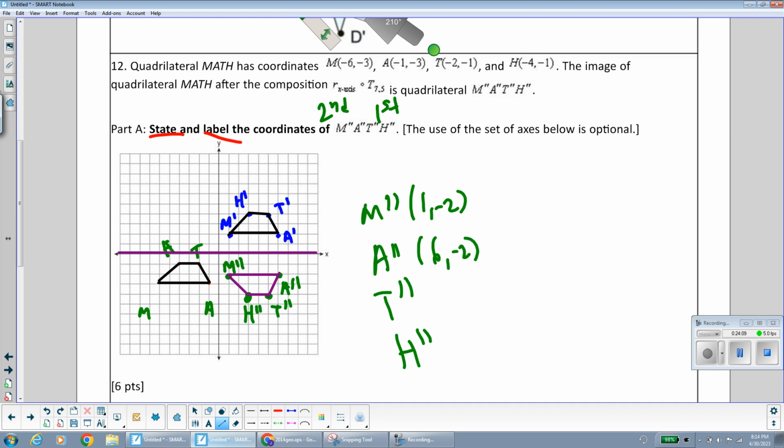T prime is 5, -1, -4. And H prime is 2, 3, 4, 3, -4. And those are the coordinates of the points. Super simple to do this graphically.